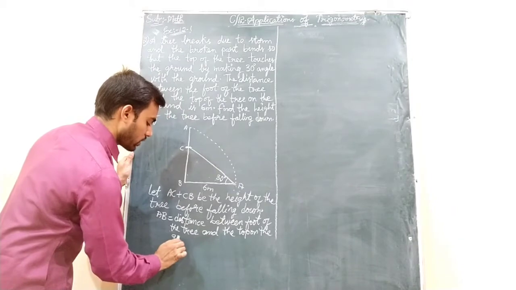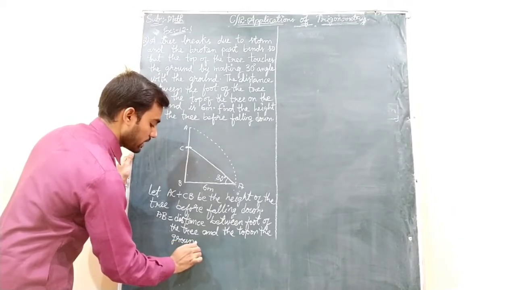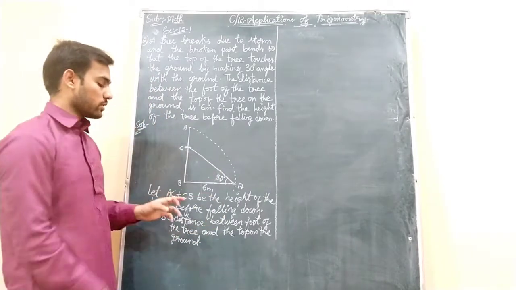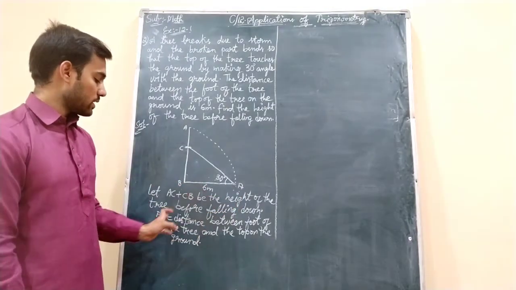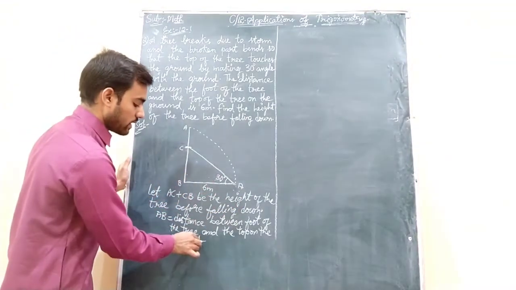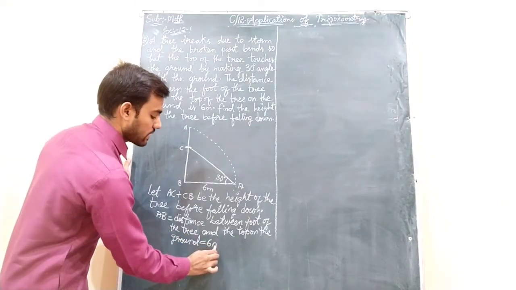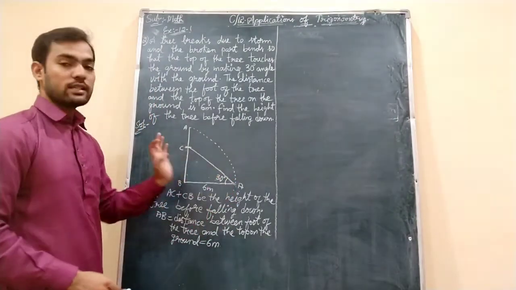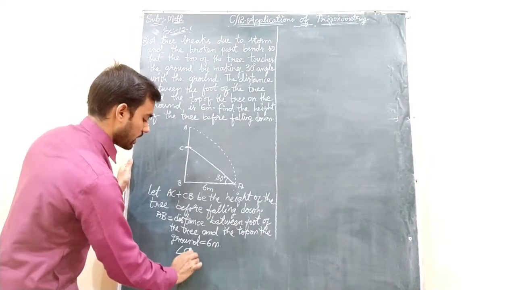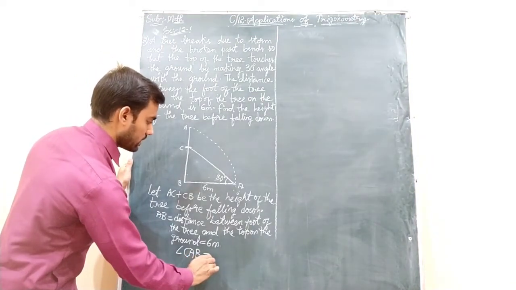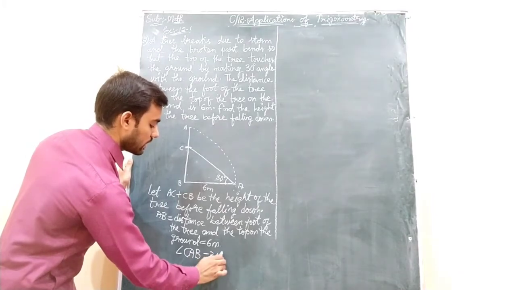As the top after breaking is touching the ground, the distance between the foot of the tree and the top on the ground is AB, which is given in the question as 6 meters, and one angle is 30 degrees, so we will take angle CAB equal to 30 degrees.